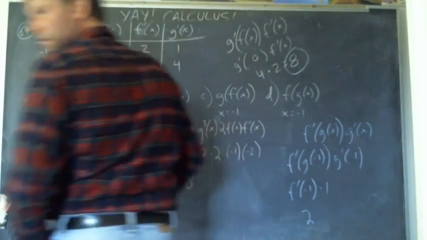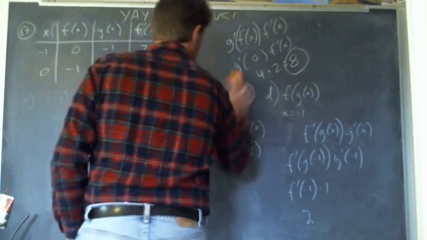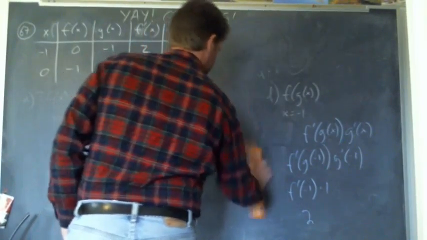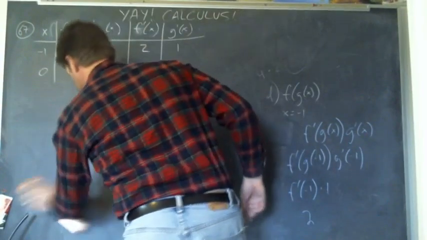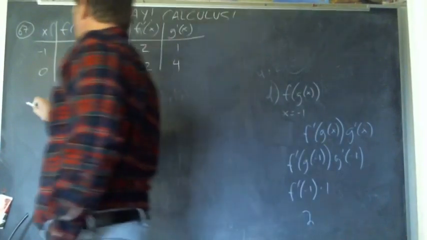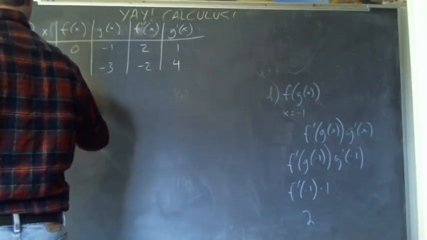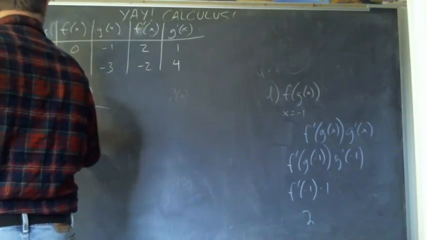Let's see, that's D, now E and F. E, we have f of x over g of x plus 2.